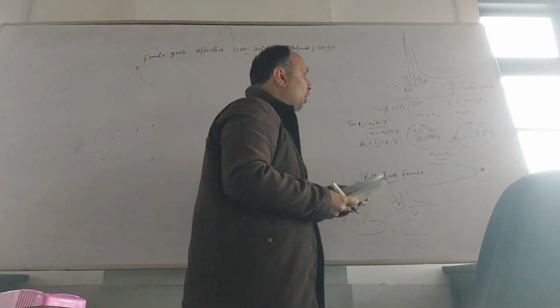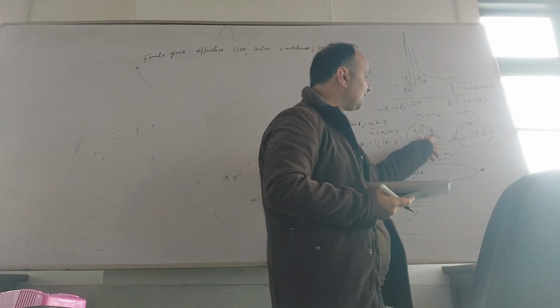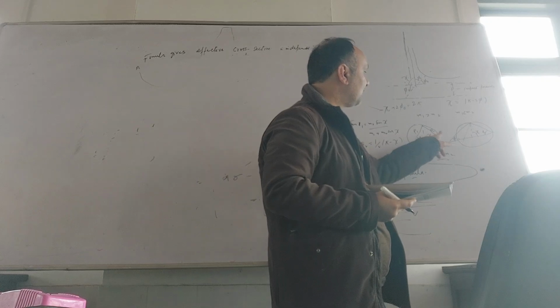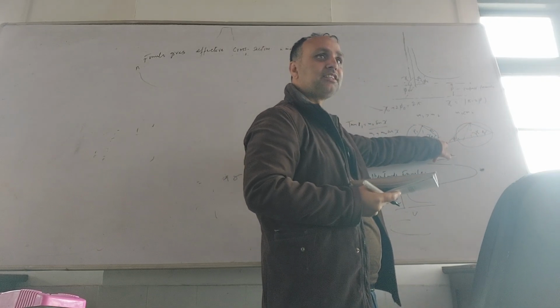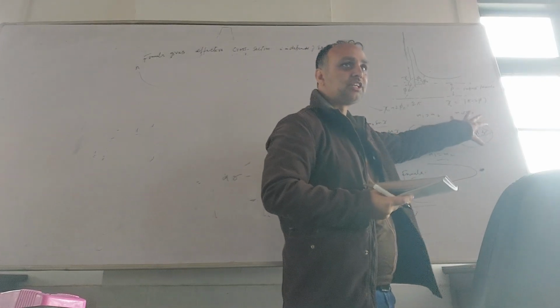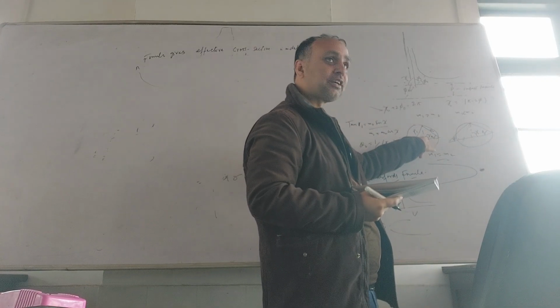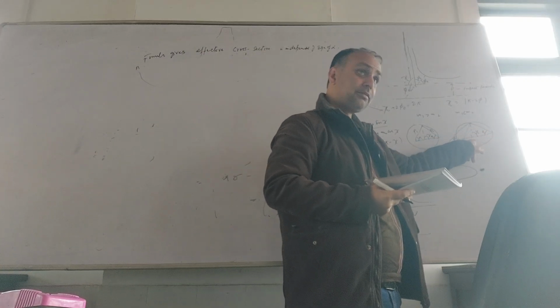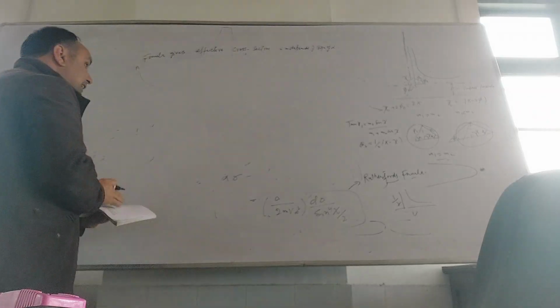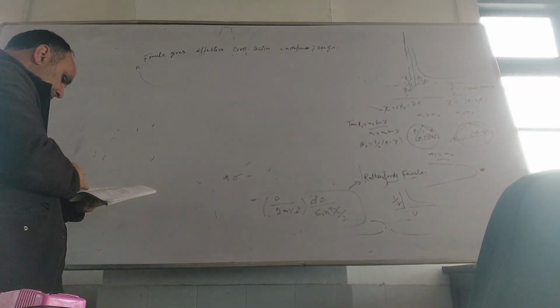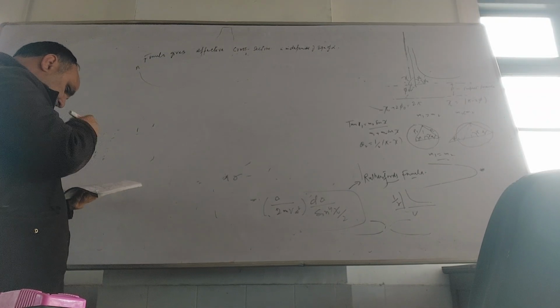If you remember, this is theta 1, this is theta 2, and this is the angle chi. When mass was greater, the diagram goes like this. You again have a look over these diagrams: theta in terms of chi, theta in terms of chi.